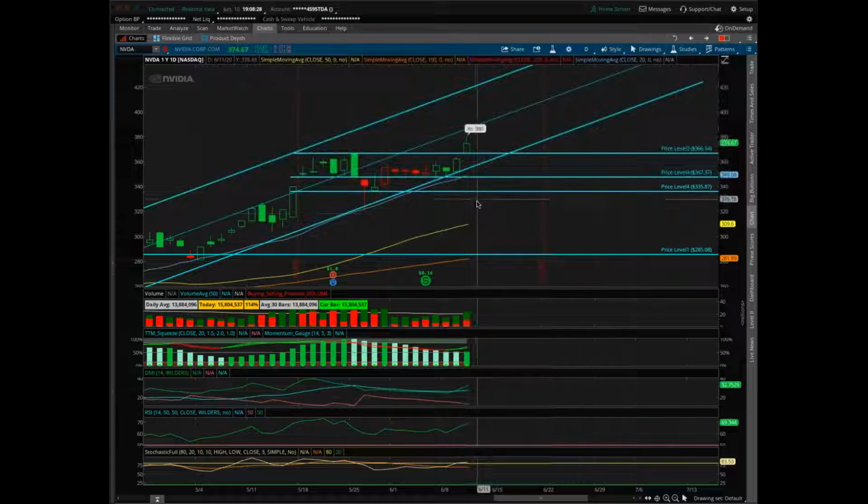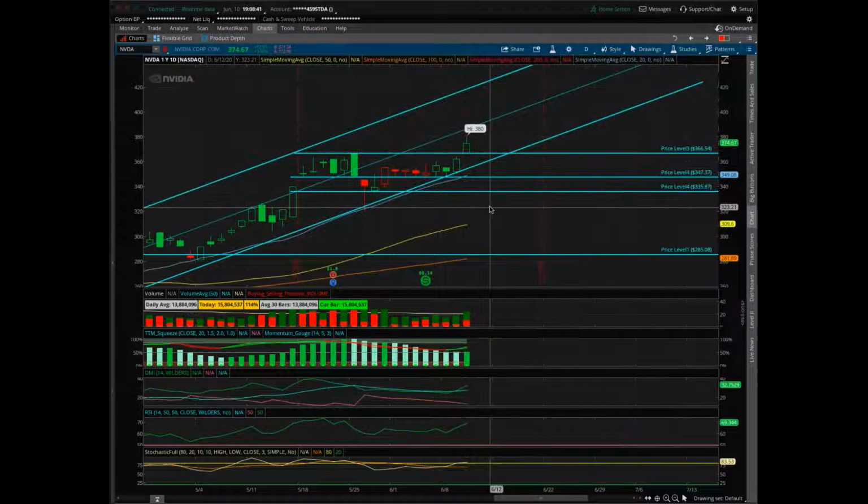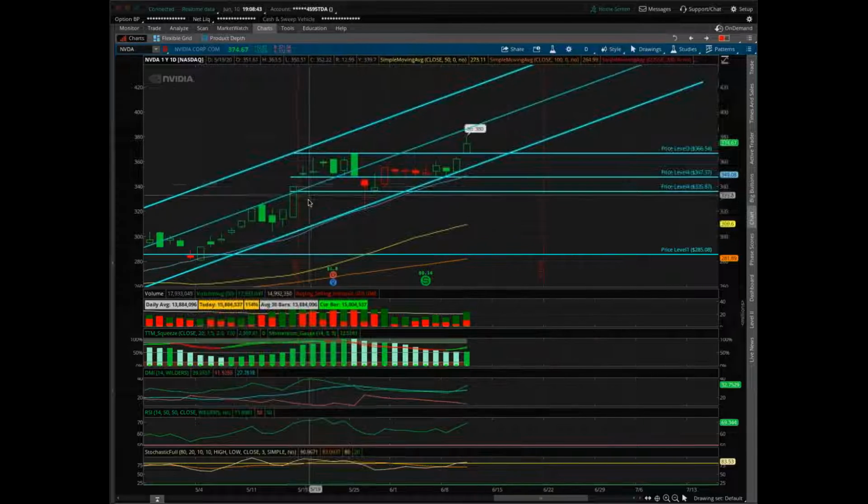So do I think it's going to go all the way down here to 320? That would be a $50 drop. If it does, I'm going to need that. But do I think that's likely? No, I don't think it's likely. So I don't need to worry about any of these previous support lines after this one, because these are pretty strong supports here at 347 and 335.